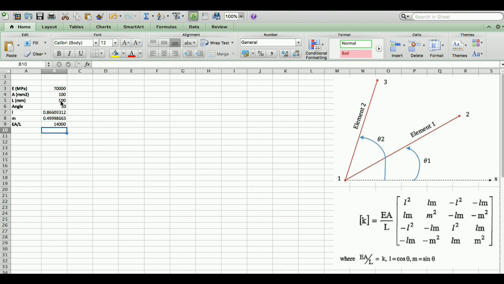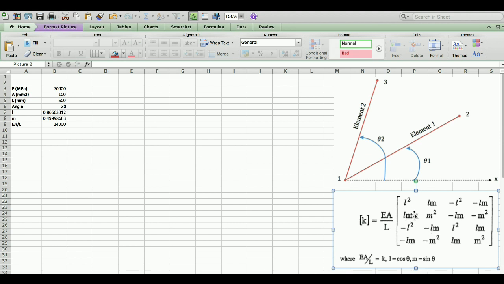Now we're ready to introduce the numbers we have to the matrix. As you can see, this stiffness matrix is symmetric relative to its main diagonal, and the numbers we need to create are simply L squared, M squared, and LM, and then we use negatives of those numbers or those numbers themselves to create this matrix.